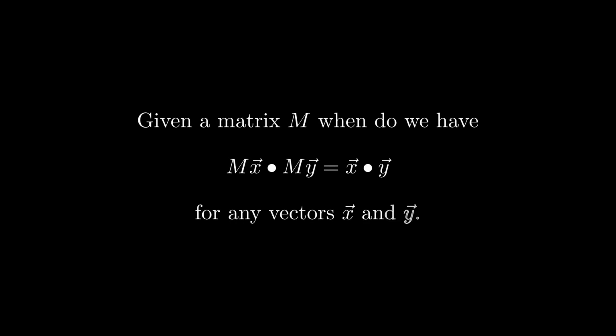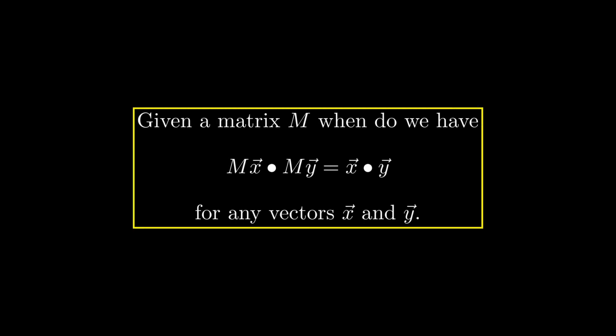Given a matrix M, when does it have the property that when I transform any two vectors x and y via the matrix, the dot product between these transformed vectors is equal to the dot product between the original vectors, which is just to say this condition up here holds? Okay, so we are going to answer this question. That's the main point of the video.